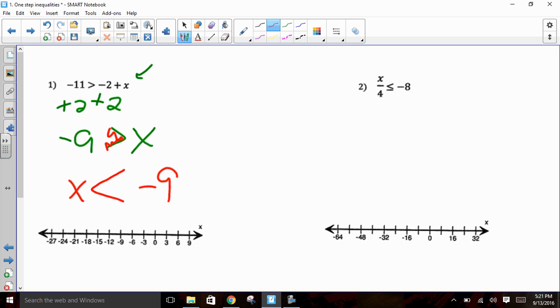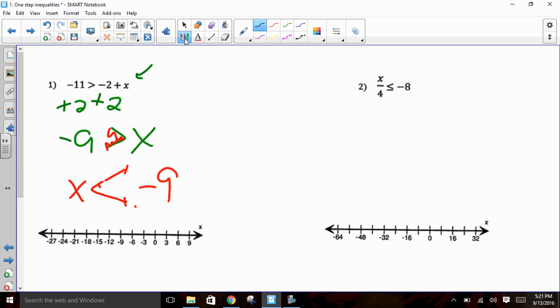So when I rewrite it, my negative 9 needs to still be eaten by my inequality. The reason I want to change that sign around to have x on the left side is that it will help me graph. When I look for values that are smaller than negative 9, because that's what less than means, I know it's less than because I see the smaller side of my sign first.